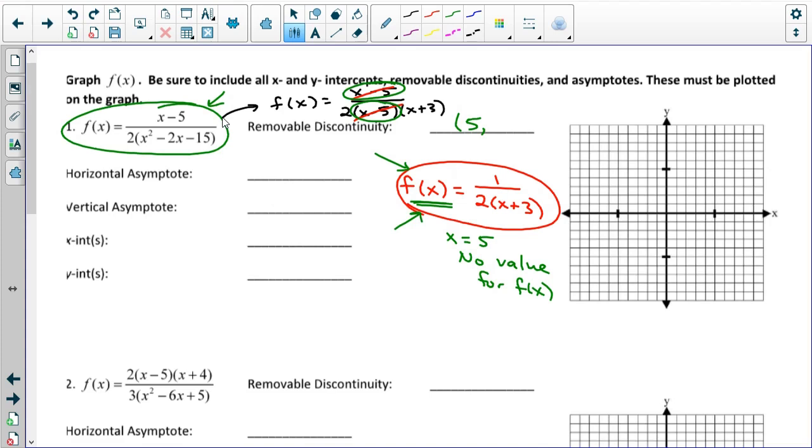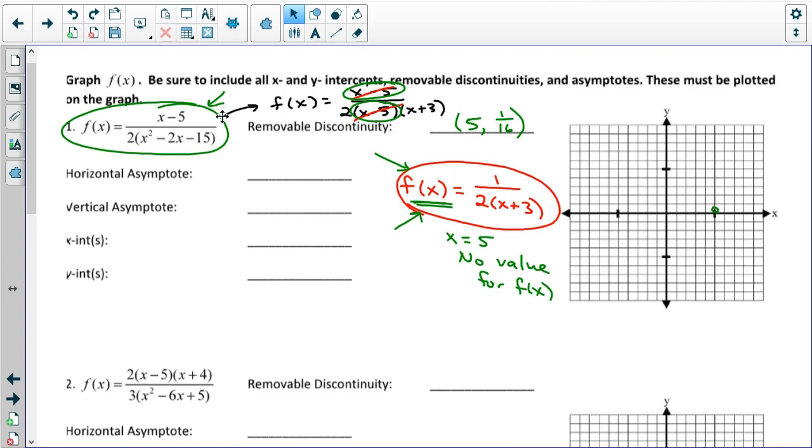And what I find out is I get 1 over 16. So that would be my y value. At 5 comma 1 over 16, there is a hole on the graph. It's really close to 0, but it's positive. So that means that it approaches that value, but it never actually hits 5 comma 1/16.